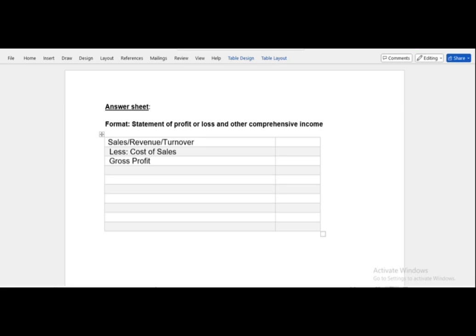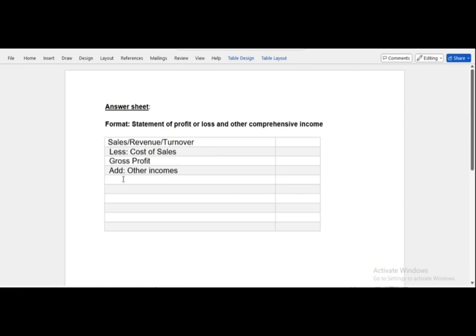And then after gross profit, you're going to add other incomes or other operating incomes. All right.